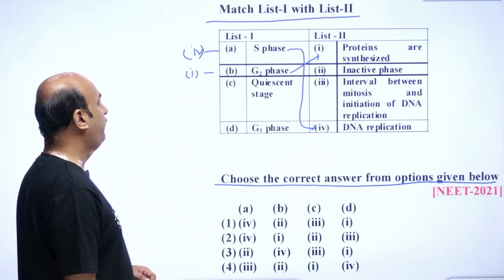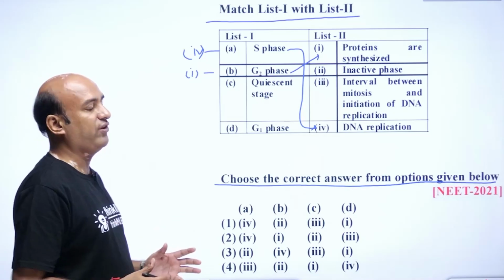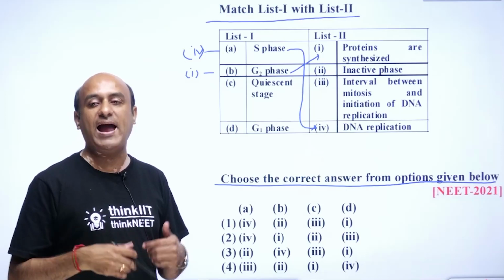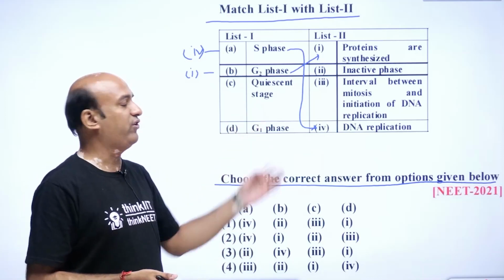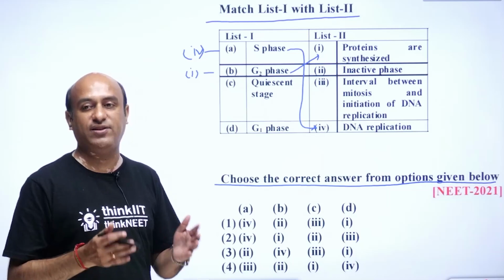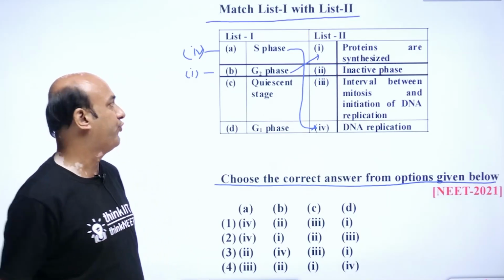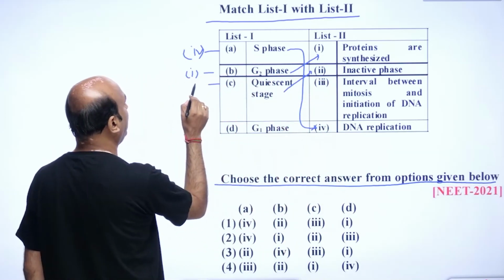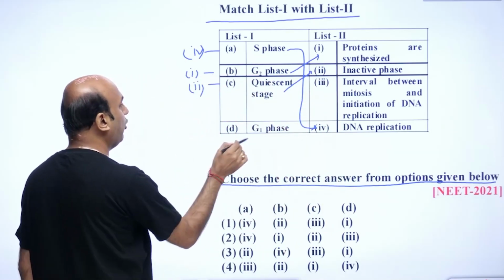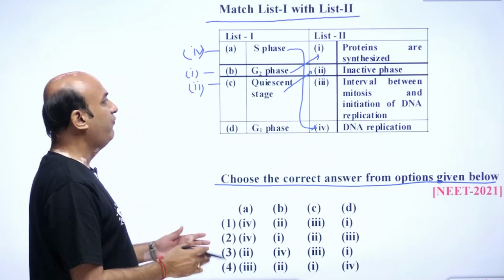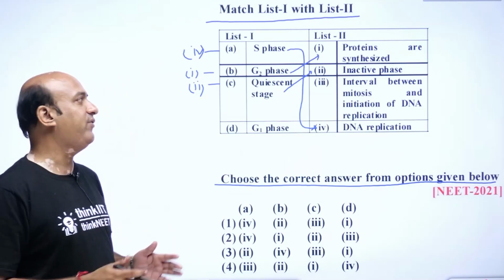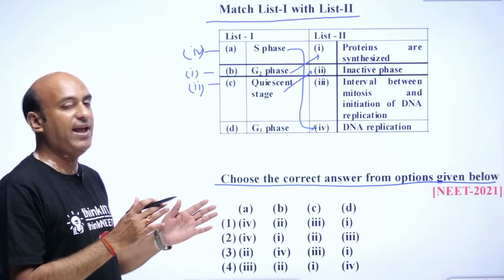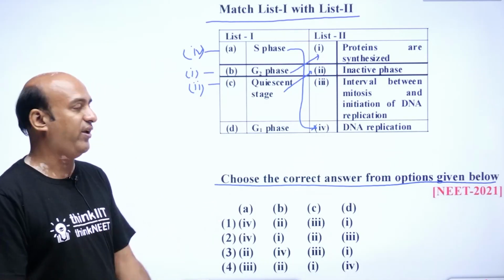Quiescent stage. We know that the quiescent stage is the inactive stage. Some cells which do not divide enter the stage which is called the quiescent stage, and this stage is also called the G0 stage. So student, C is matching with 2. Now D, G1 phase. We know that G1 phase represents the interval between the mitosis and the initiation of DNA replication, that means S phase.